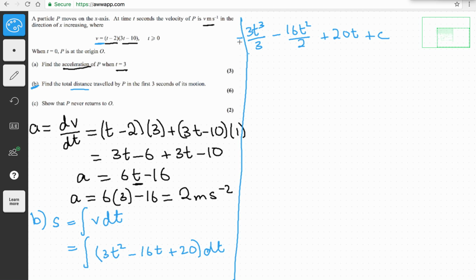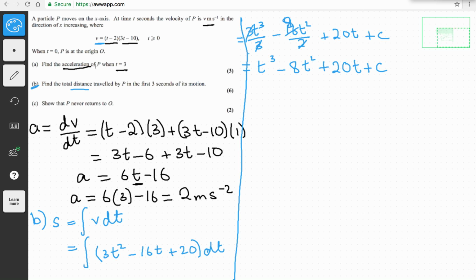Now, when I solve this further, I can cancel these, so it gives me t cubed minus 8t squared, sorry, this is 8 actually, minus 8t squared plus 20t plus c.